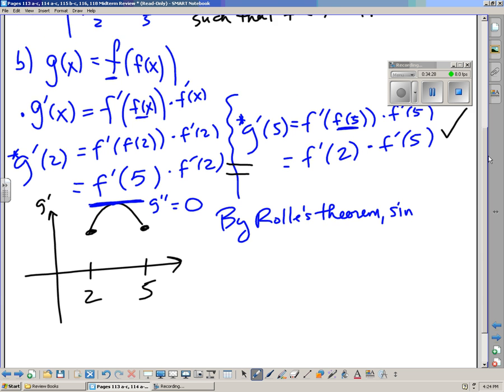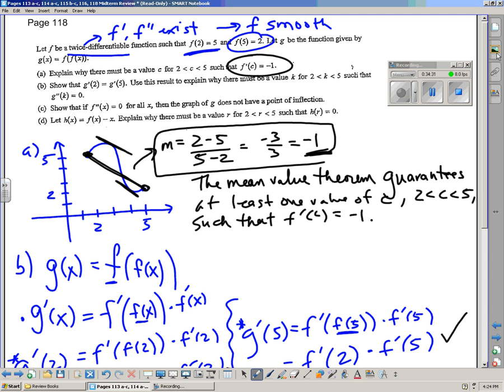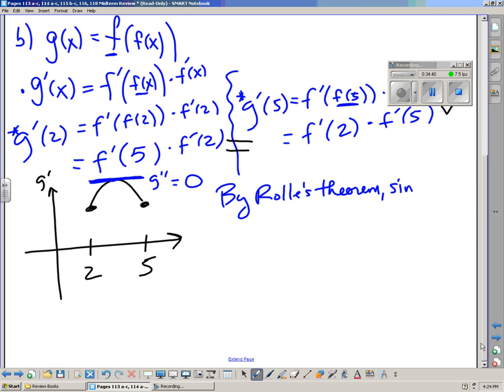So by Rolle's theorem, and by the way, just as a technical point, since g of x is f of f of x and f is differentiable, the composition, if you compose two differentiable functions, you get a differentiable function. So there's no corners when you compose two things that are smooth.